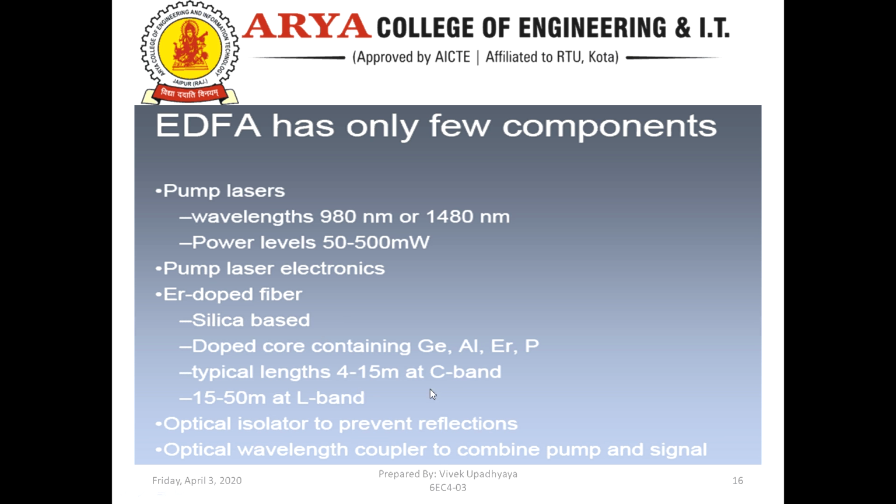A typical length is about 4 to 15 meters at the C band, and 15 to 50 meters at the L band. The optical isolator prevents reflections, and the optical wavelength coupler combines the pump and the signal.